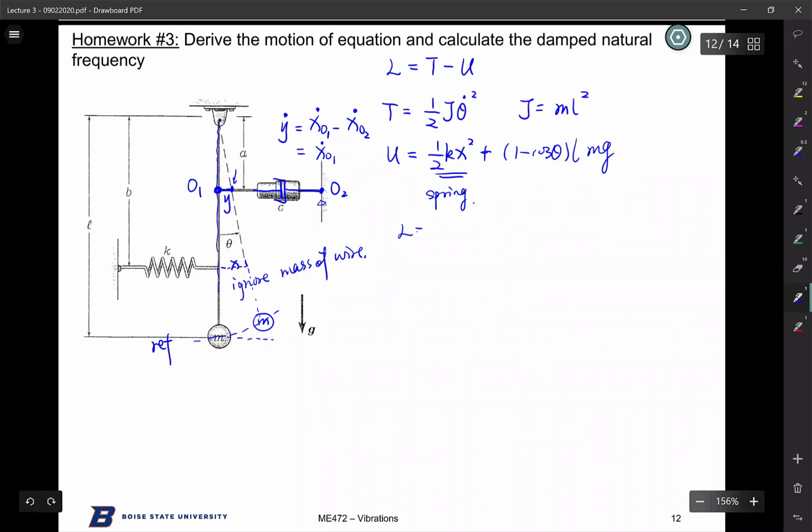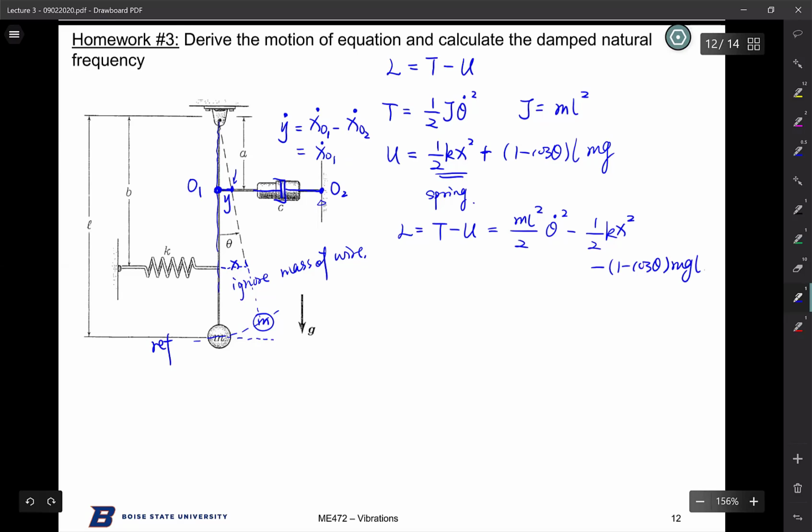Your L equals T minus U, and that gives you half mL squared theta dot squared, minus half kx squared, minus (1 minus cosine theta) mgL.